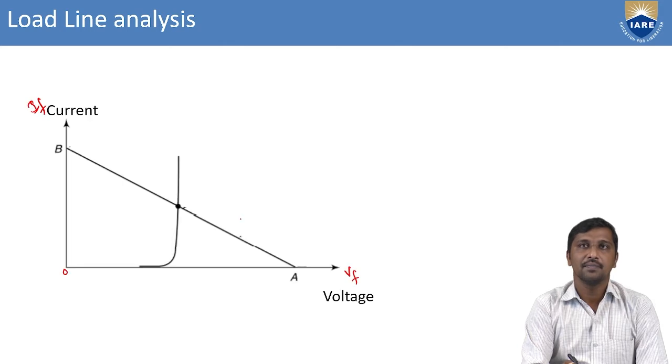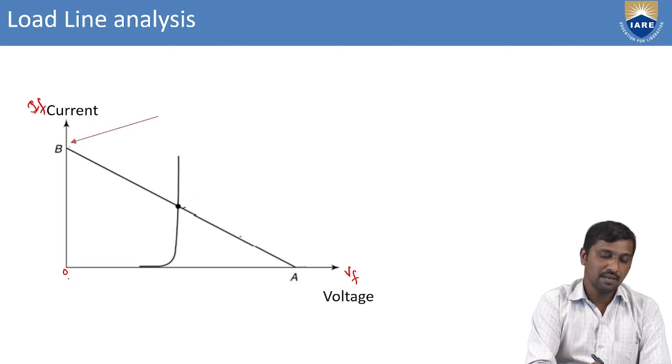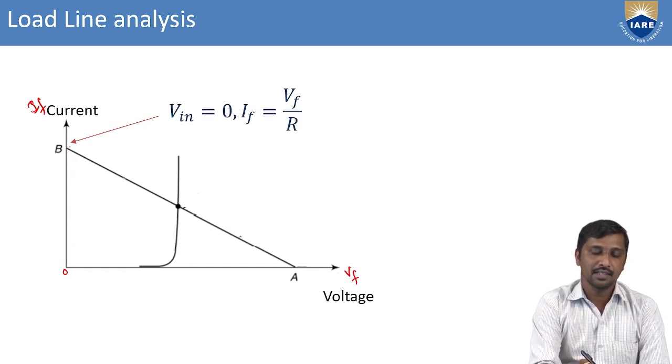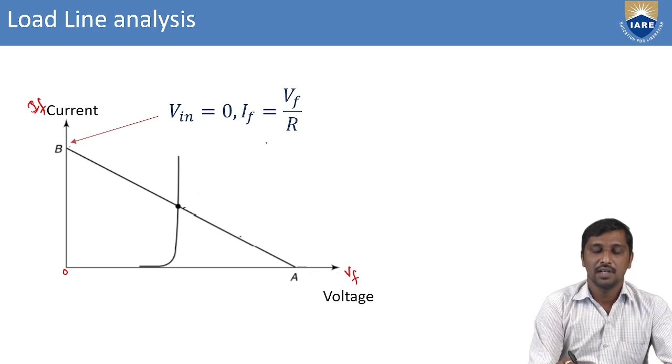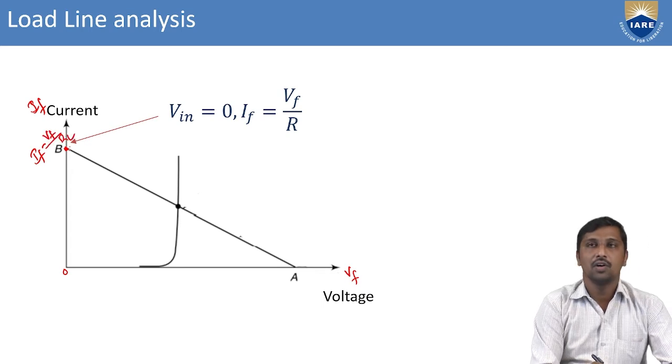This point is intersecting when Vin is 0. At this node, it contains the maximum forward current, IF equal to Vf by RL.